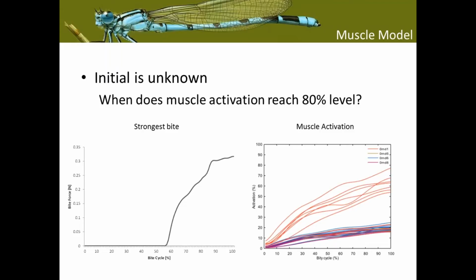Then we lowered the initial force until the muscle activation reached 80%. We thought this was a really realistic approach, since those animals can do this biting movement for many minutes. 80% is a position where they fight against an attack, as they do in our experiment here, but they can do it for a long time.